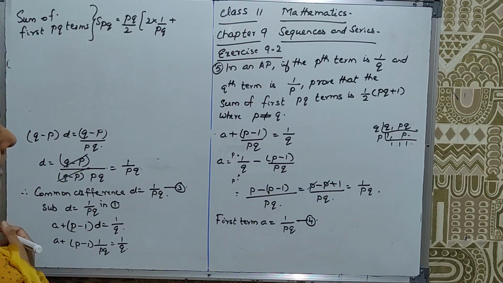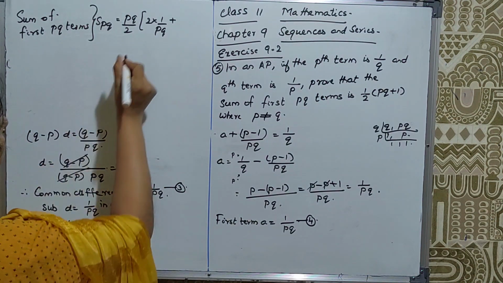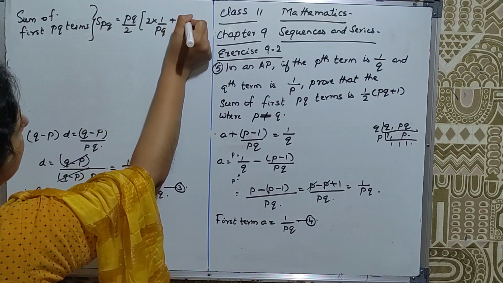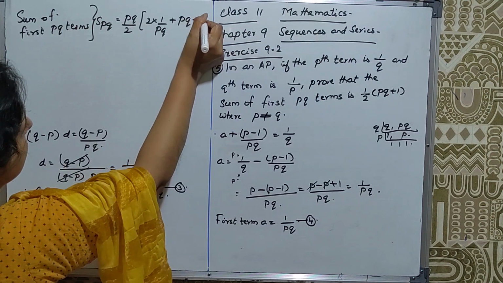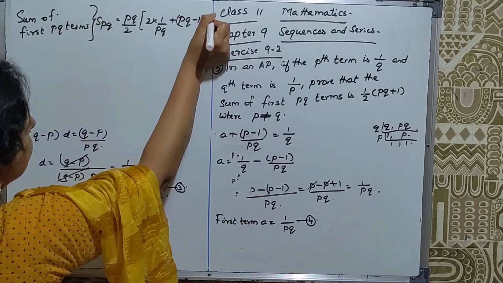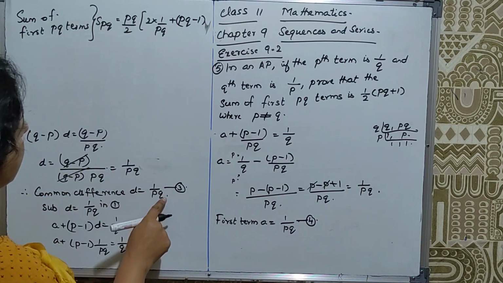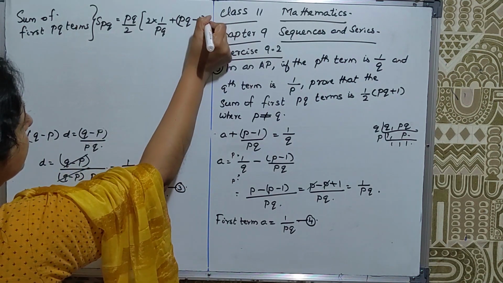Plus n minus 1, n is actually pq, minus 1 into d. The common difference d we got from 3, 1 by pq.